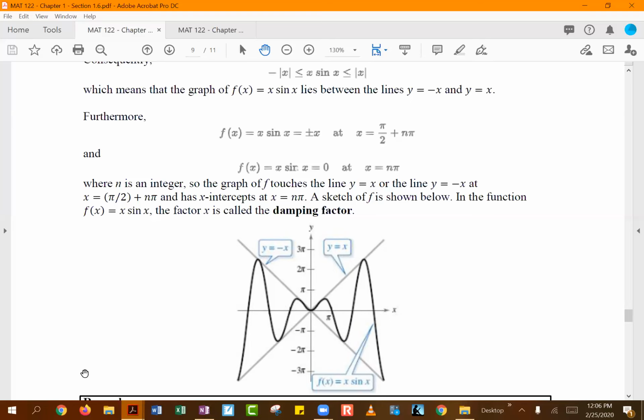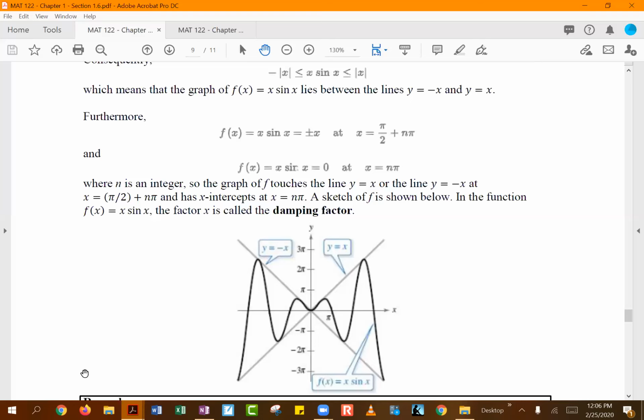No, sine is 0 at multiples of pi, because you add 0, pi, 2 pi, 3 pi is where sine is 0, and then sine of x is +1 or -1 at pi halves and multiples of pi halves. So that's what they're using here to try and see.